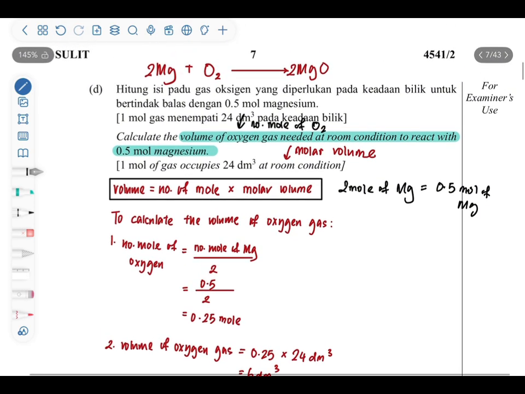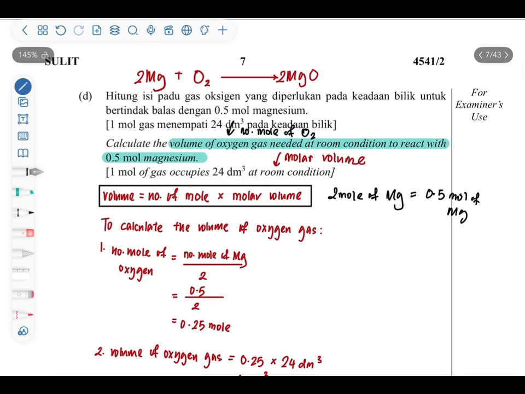So by now, you need to compare using the chemical equation, which is, in this question, we can know that the relationship between the magnesium used and the oxygen gas that we use is 2 to 1 mole. So since 2 mole of magnesium equals 0.5 mole of Mg, if I want to find 1 mole of the oxygen gas, it would be 0.5 divided by 2.